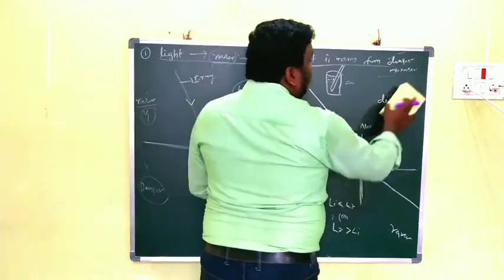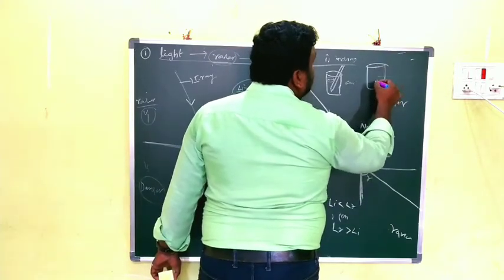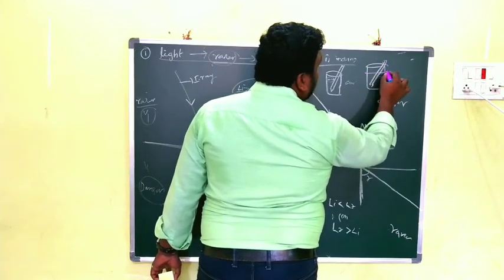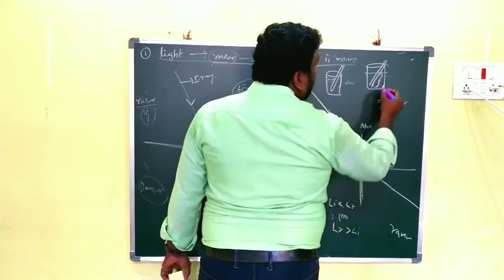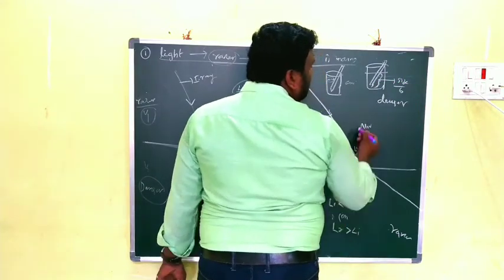But when we take the same glass filled with some water and keep the pencil, below the interface the size seems very big. That is because why?